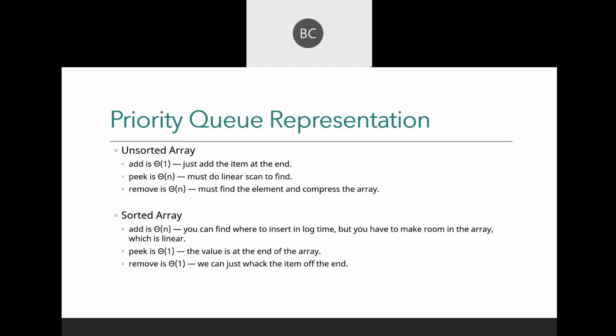So if you implement a priority queue using an unsorted array, adding an item or enqueue will take O(1). Here it's given as average, but the worst case will be the same.